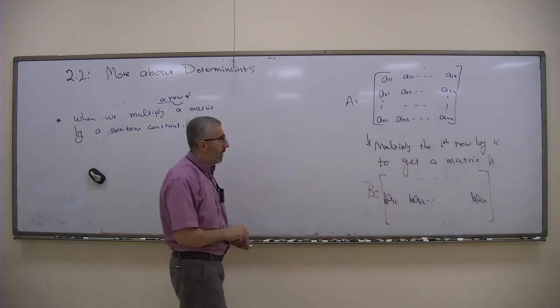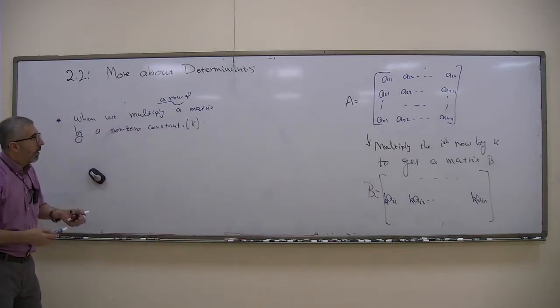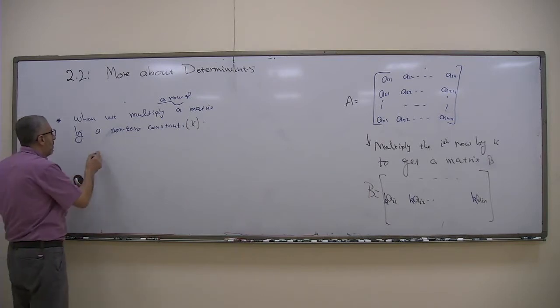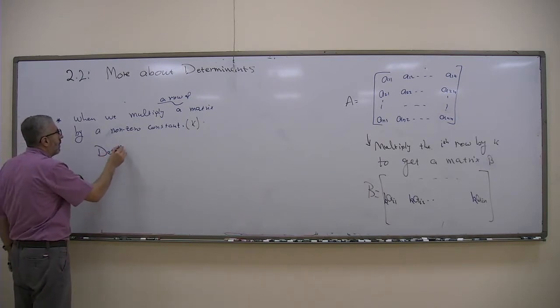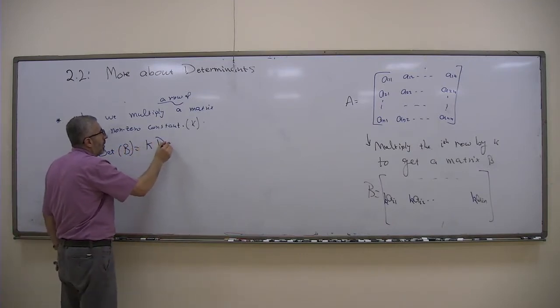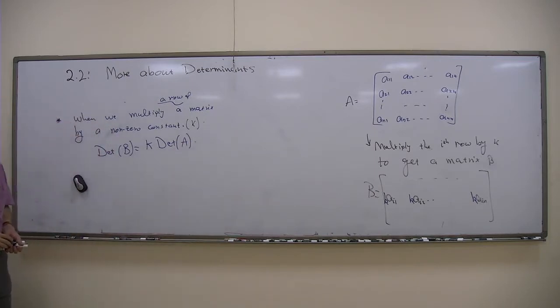What is the effect of that? The effect of that is that determinant B is going to be k multiplied by determinant of A. Think about it. Why is that?